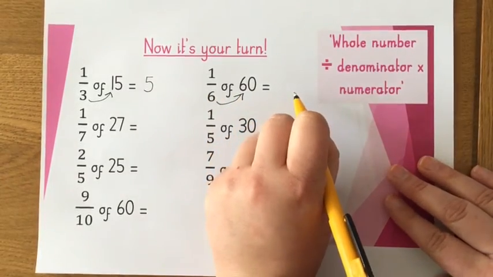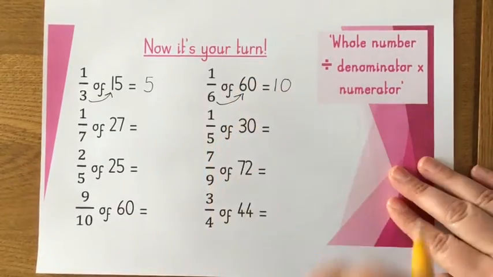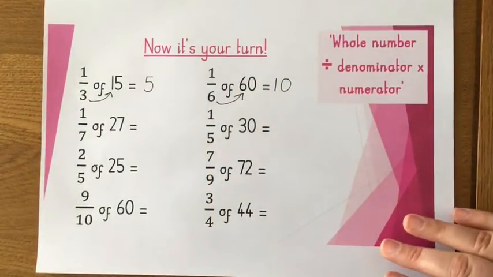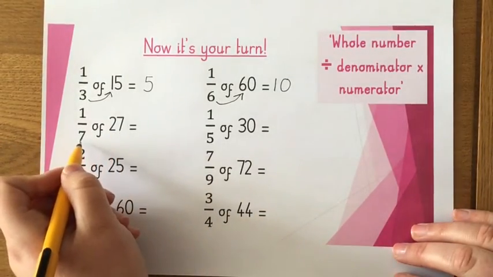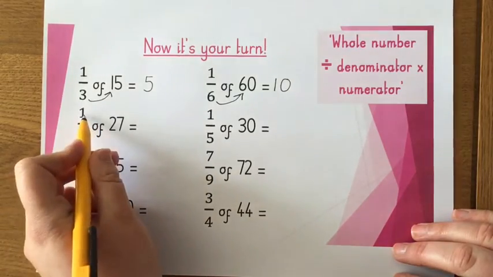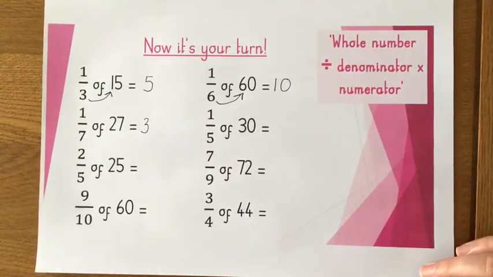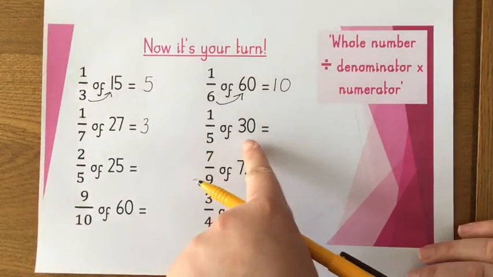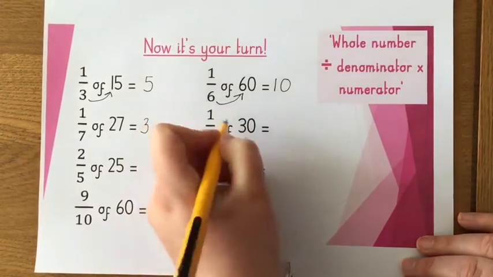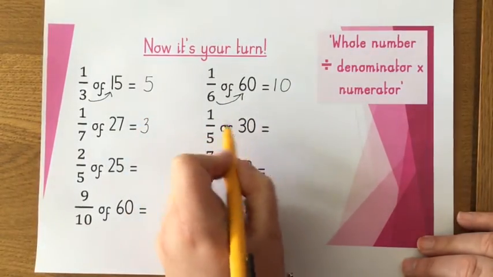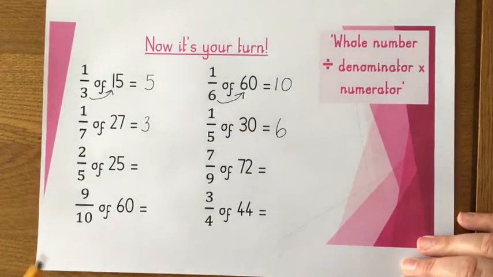That would be 10. 10 times 1 is 10. So 1/6 of 60 is 10. Right, 1/7 of 27. 27 divided by 7 is 3. 3 times by 1 is still 3. So 1/7 of 27 is 3. 1/5 of 30. 30 divided by 5, or how many 5s are in 30? That is 6. 6 times by 1 is still 6. So 1/5 of 30 is 6.